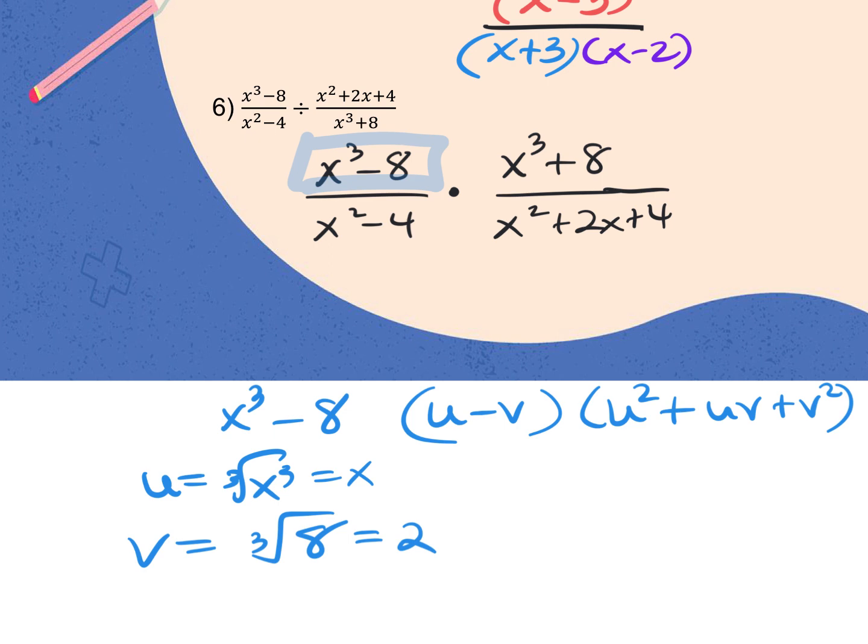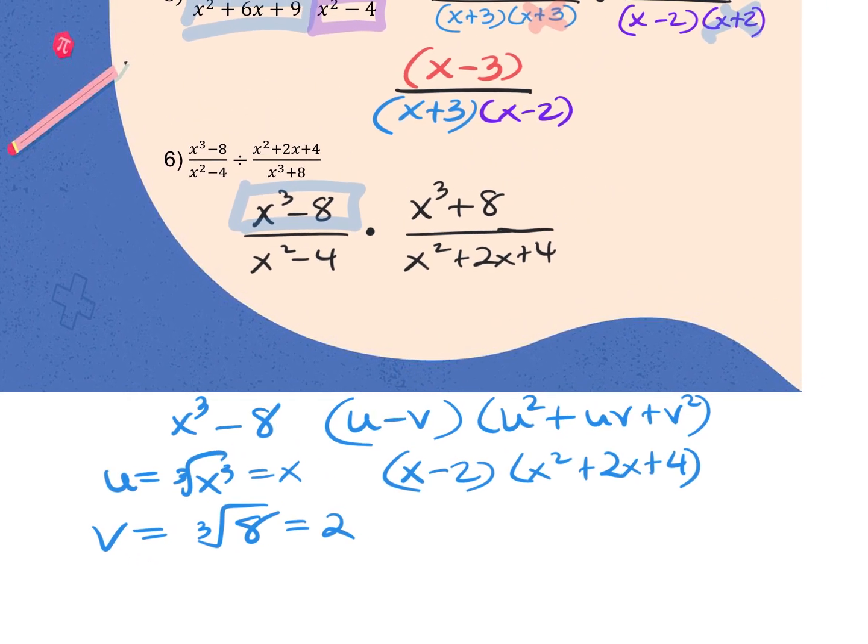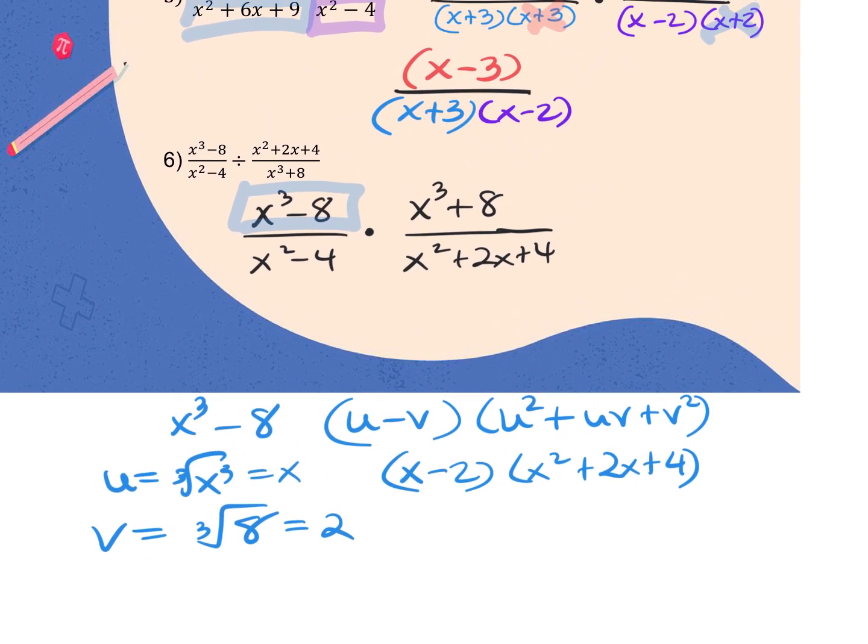So when I factor this, I'm going to end up with x minus 2, x squared, now opposite sign, multiply the 2 and the x, and then square the 2. So that is that top numerator, the difference of two perfect cubes, factored.